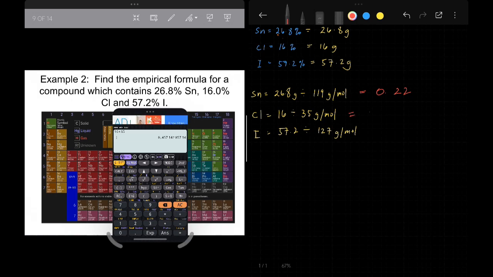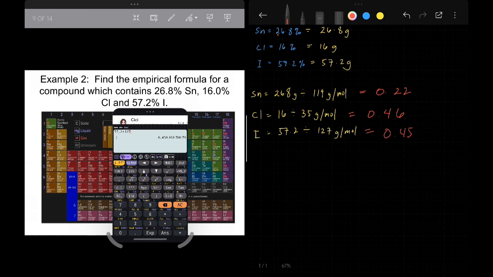So we got 0.46. Next, for iodine, 57.2 divided by 127. And there we got 0.45. Since we got no mixed fraction here, just simply look at the lowest value.